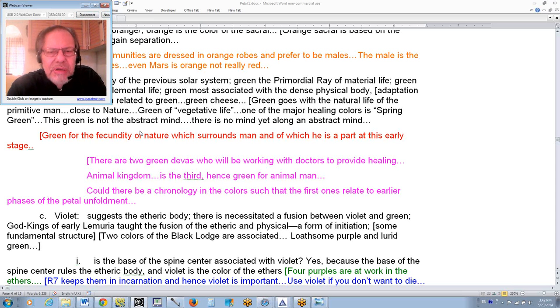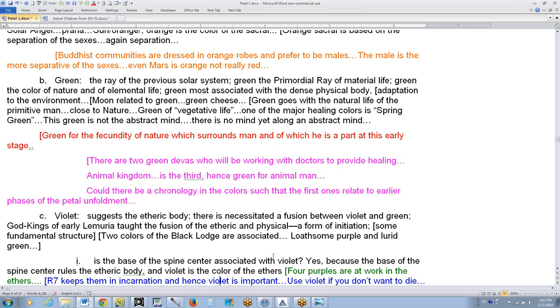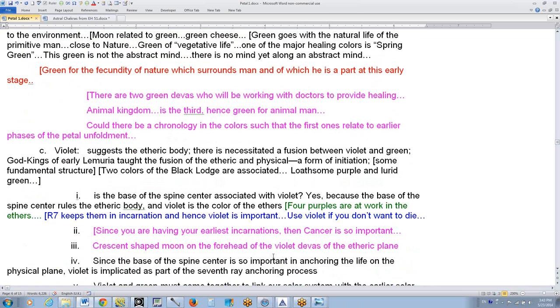Should the base of the spine center be associated with violet and with the seventh ray? Well, yes, because the base of the spine rules the etheric body, we are told, and violet is the color of the four ethers. The four purples are at work in the ethers. So Ray 7 keeps the man in incarnation in that sense, anchors him.